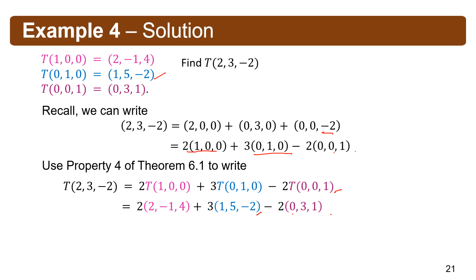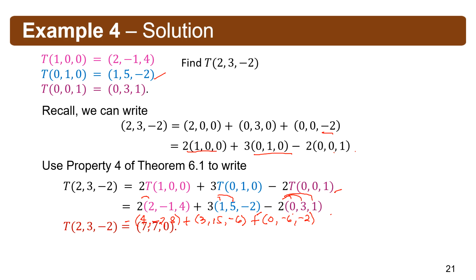So if we multiply this, that will give us (4, -2, 8). And then plus 3, again you multiply each, (3, 15, -6). Plus, I have to put plus here, then multiply: that's 0, that's -6, and that's -2.